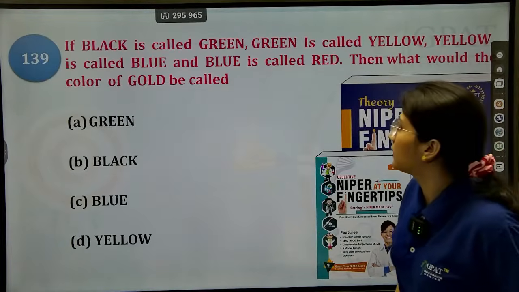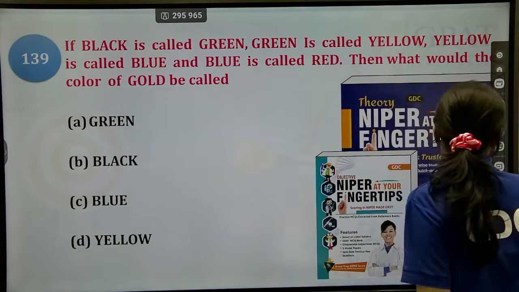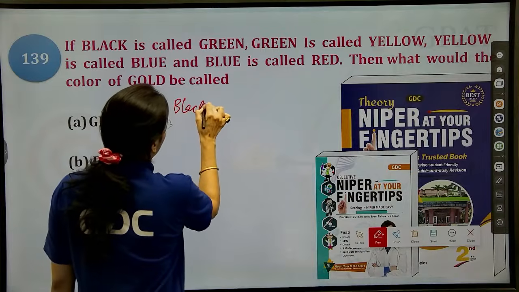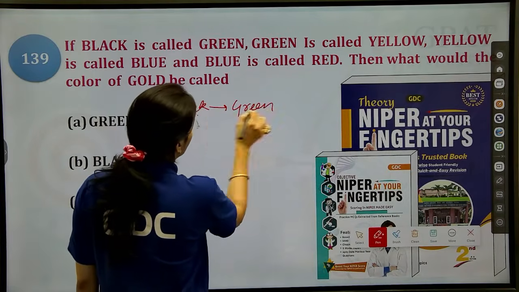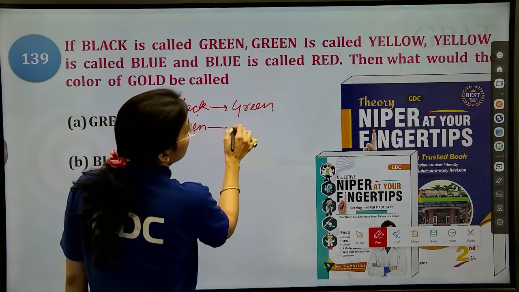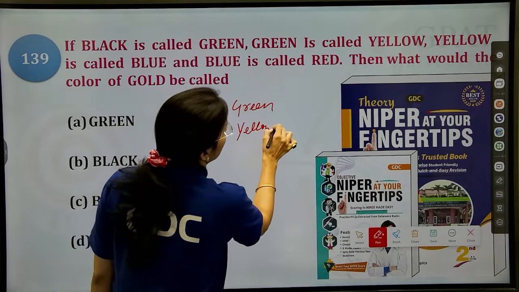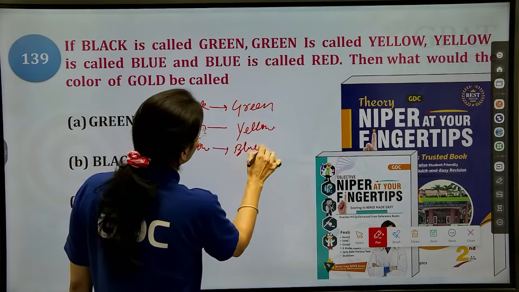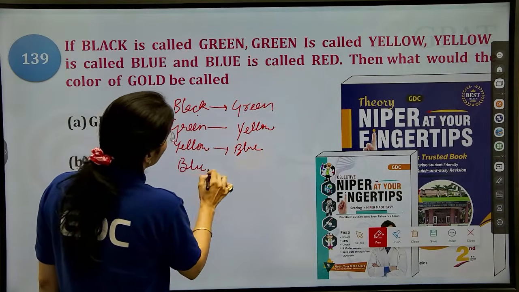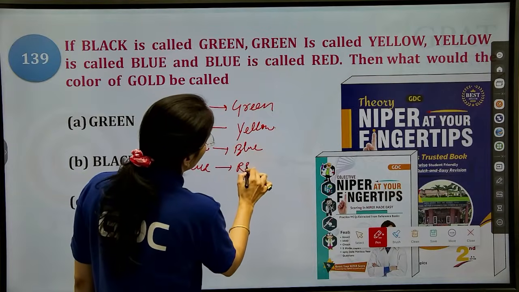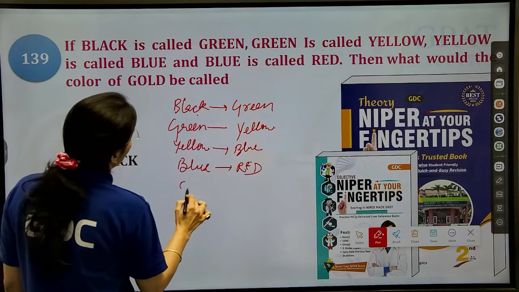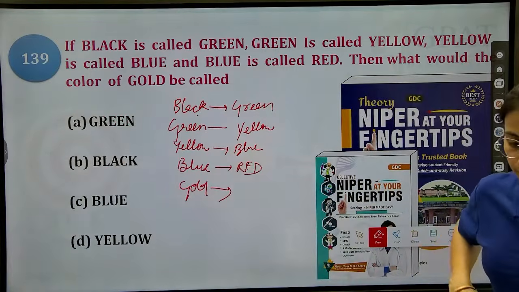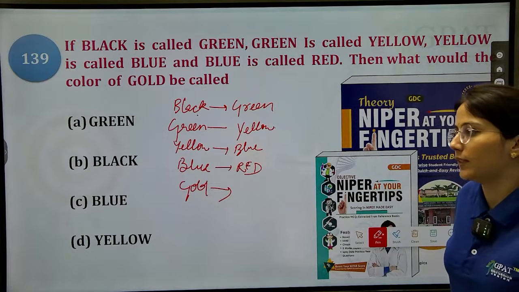Now if black is called green, green is called yellow, yellow is called blue, blue is called red. Now gold is what? Gold is in which color? That is yellow.